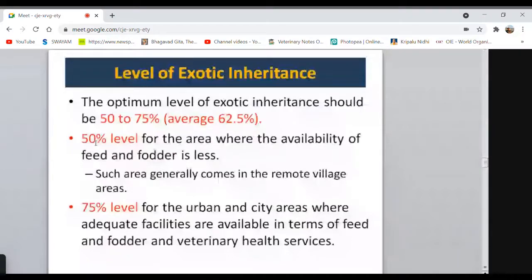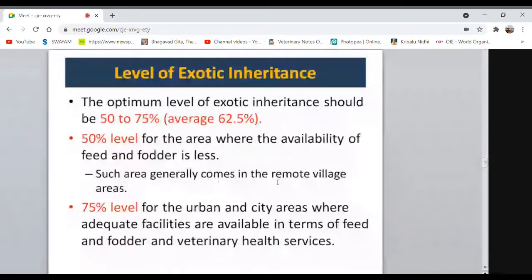That is in the area where veterinary health services and the supply of good feed and fodder are poor. In that area, we should go only up to 50% so that the animal can survive in this condition of scarcity of food and other facilities. So that is the remote area. This comes in remote villages and remote areas.